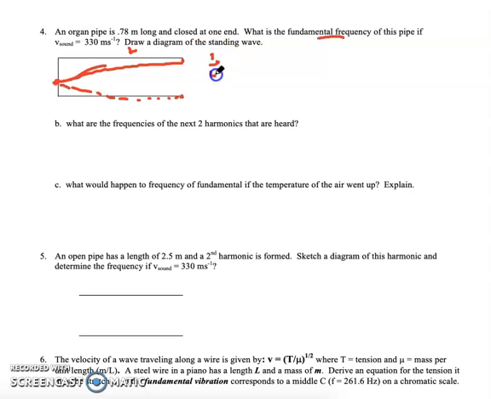So we have a quarter of a wavelength fitting within that length. So the wavelength is simply 4 times the length. To find the frequency of that fundamental, that would be V, 330, over 4 times the length. We plug in the numbers and you get 110 hertz.